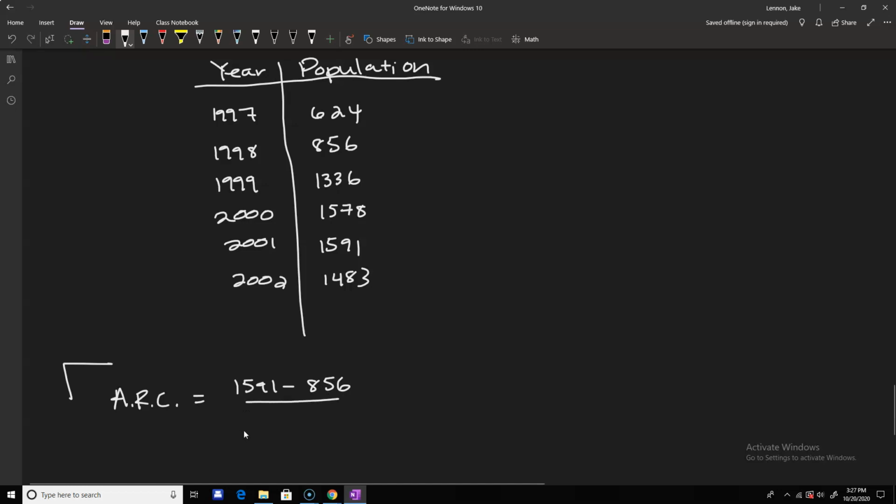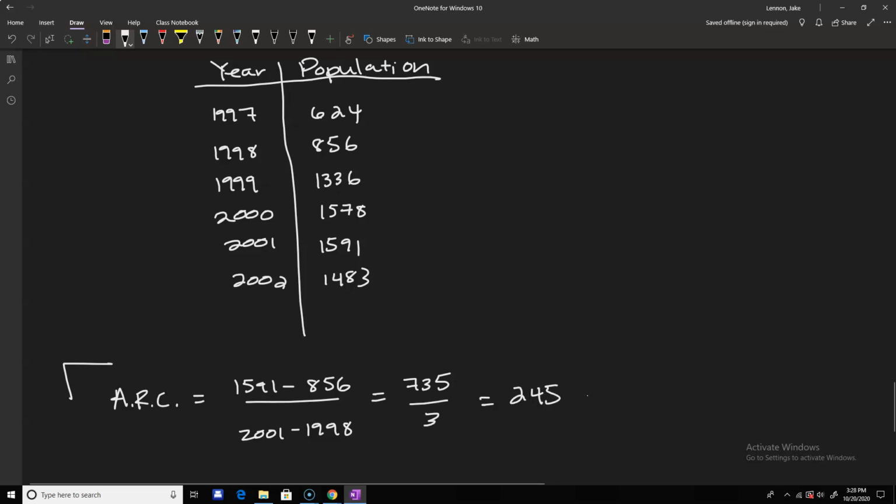And then we subtract the years as well. 2001 minus 1998. So the denominator is 3. What is the numerator? We get 735. So that comes out to 245.